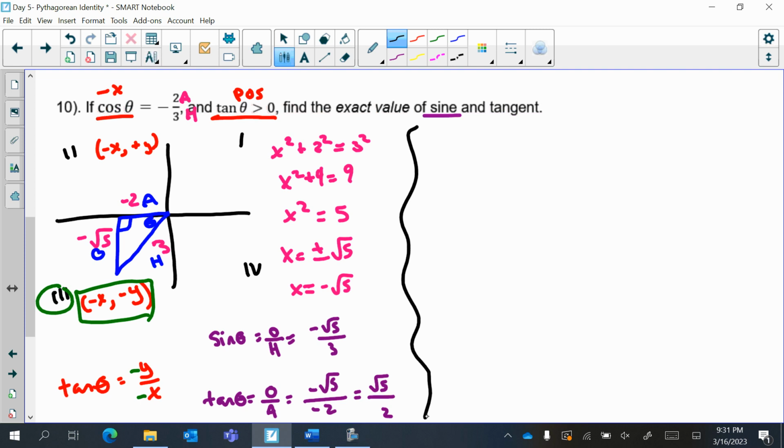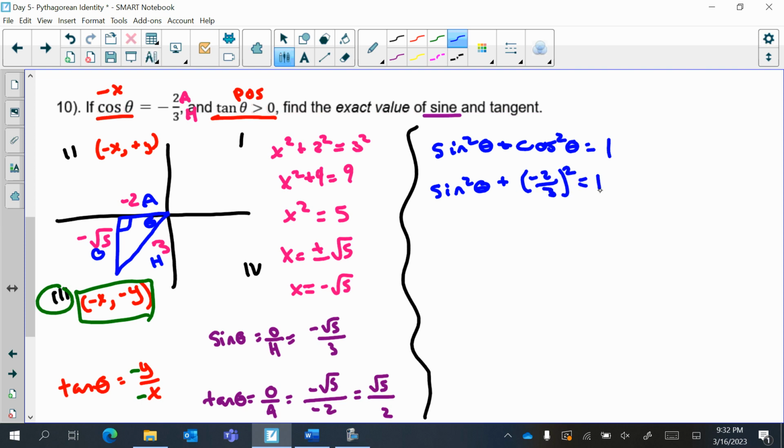But you could also do this using the Pythagorean identity if you wanted. You would have sine squared theta plus cosine squared theta equals 1. Now, you don't know what sine squared theta is, but you do know cosine. Cosine is -2/3.